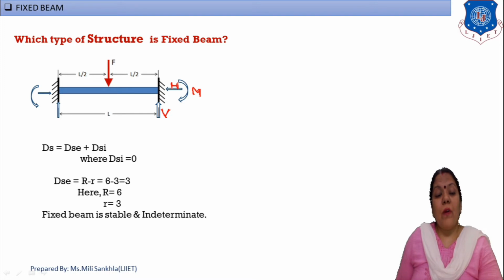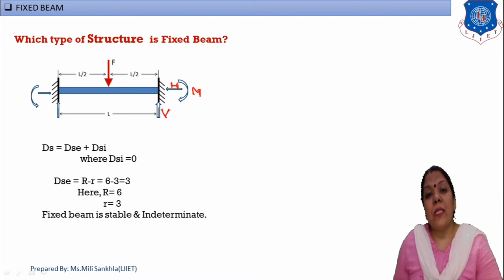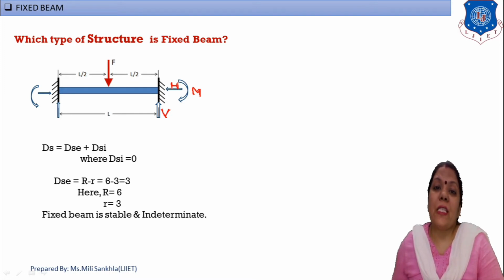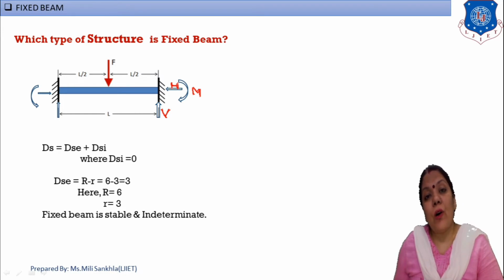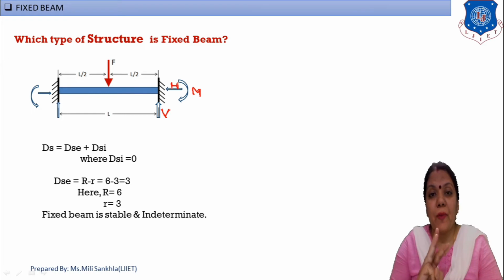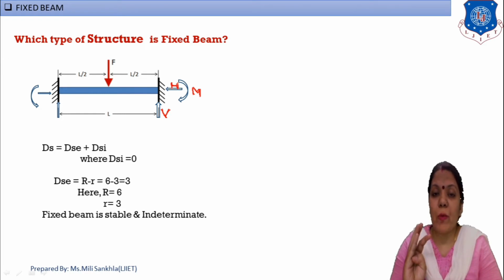Now our static indeterminacy, that means the equation DS is equal to DSE plus DSI. Okay, now for a beam, internal indeterminacy DSI is always 0. And DSE, that means our external indeterminacy, is equal to capital R minus small r. Capital R is equal to 6, that we found out, and small r is equal to 3, that is our three static equilibrium conditions.